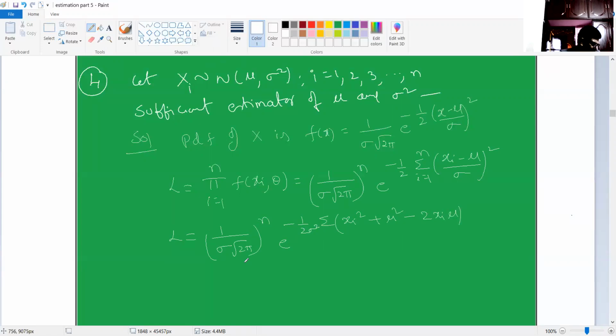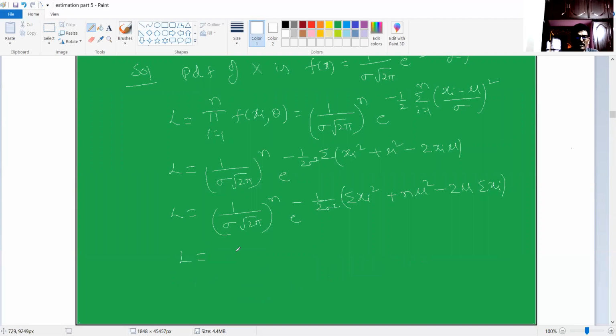Apply the (a - b) whole square formula. The likelihood function is (1 by sigma root 2 pi)^n e^(-1/(2 sigma square) summation). Apply summation here: summation xi square, n mu square, since mu square is a constant, n times mu square, and 2 mu summation xi.